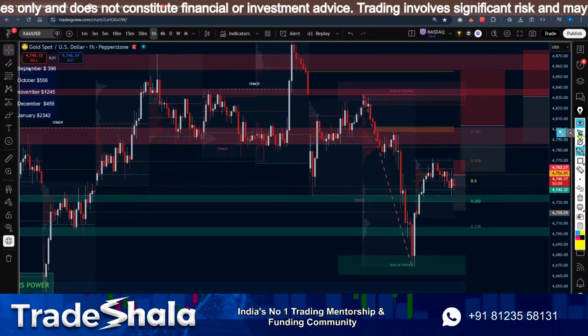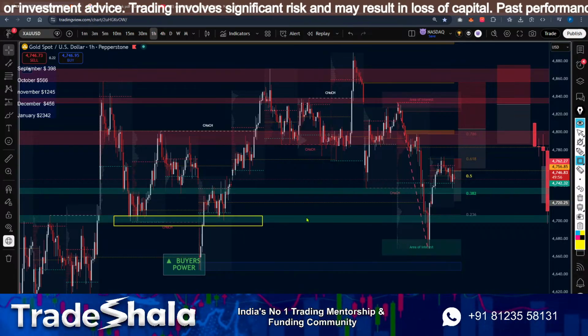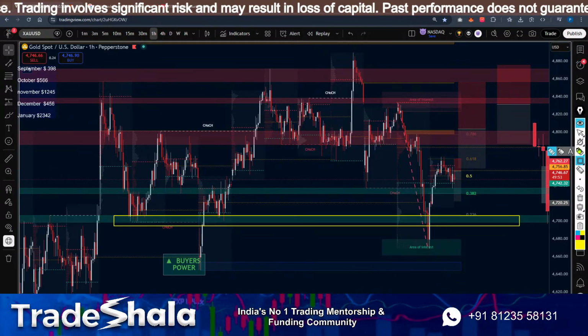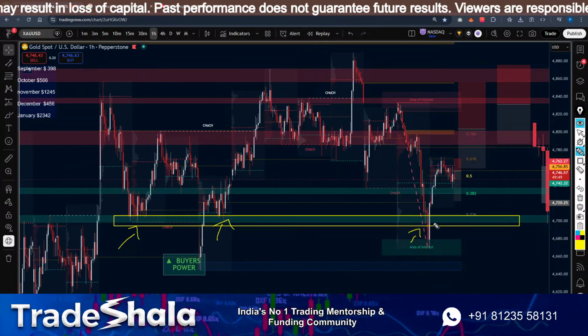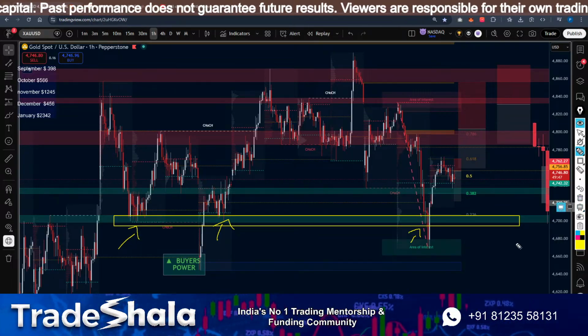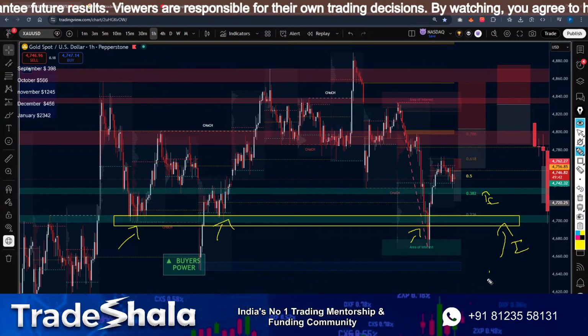And again, after that, we are strongly buying on this level. You guys see it? Because at this level we are strongly reversing. So this is the intraday level, this is the scalp level, this is the swing level.